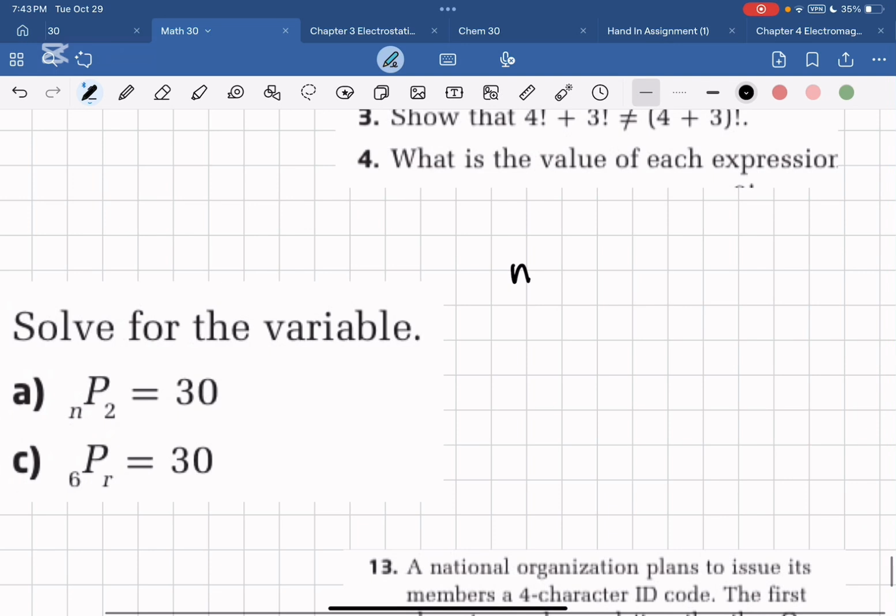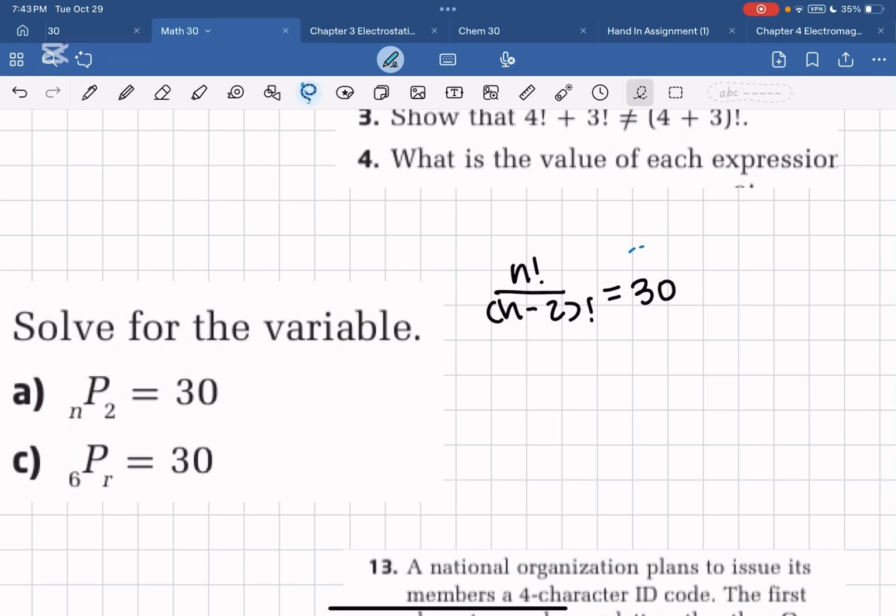So we've got n factorial over n minus 2 factorial, which is equal to 30. There is a small hint that comes with being given the factorial symbol.